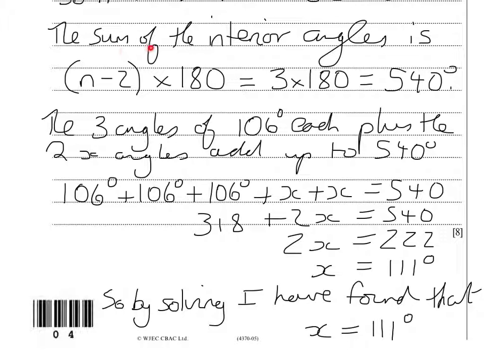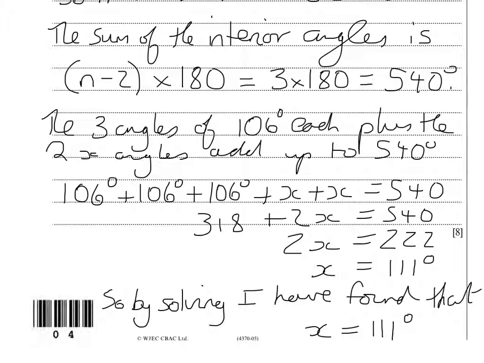The sum of our interior angles is n minus 2 times 180, which equals 3 times 180, which is 540 degrees. The question then told us that the 3 angles of 106 degrees each, plus our 2x angles, would add up to give that total of 540 degrees.